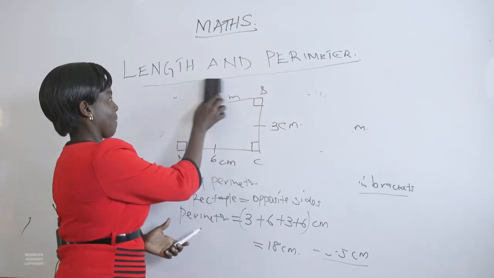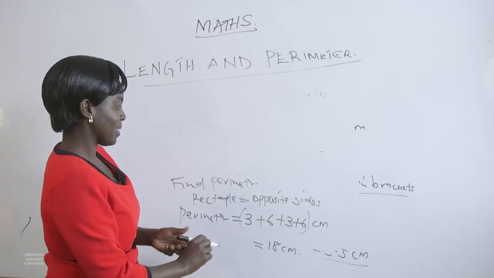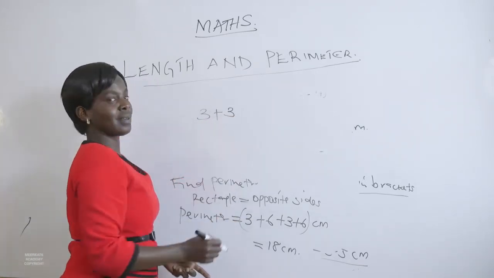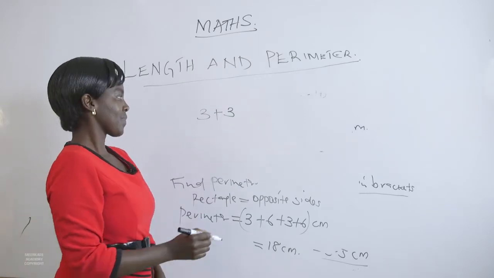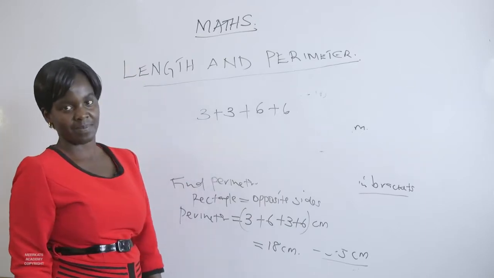What we realize, if we rearrange our sum here, is that we have 2 of them. We also have 6, the 2 of them.